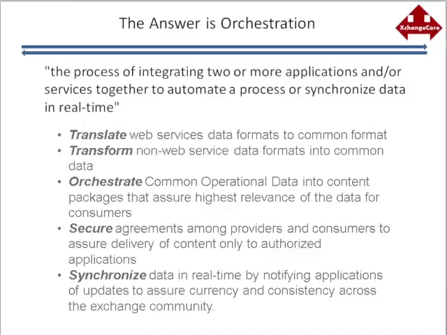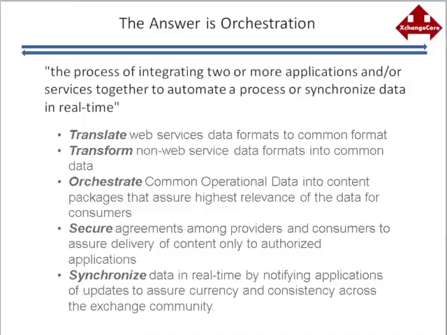Those applications then are able to assure that their data is current, and you as a community responding to the emergency are able to be certain that the information is consistent across all of the different participants in the emergency response who are sharing information.